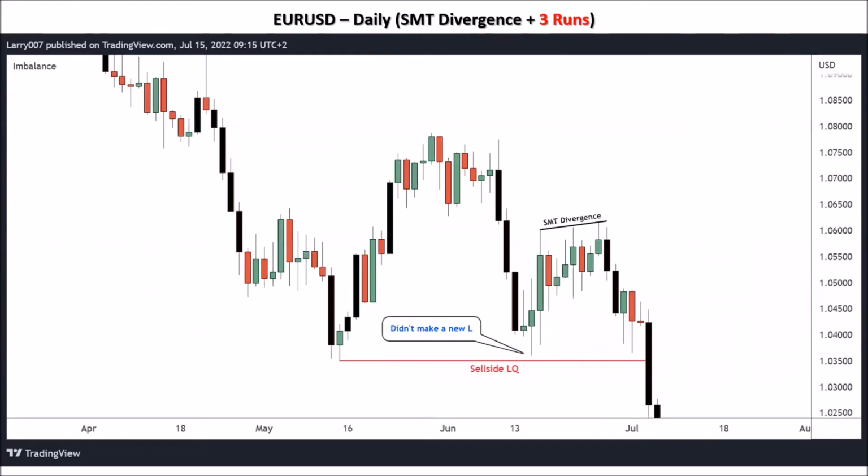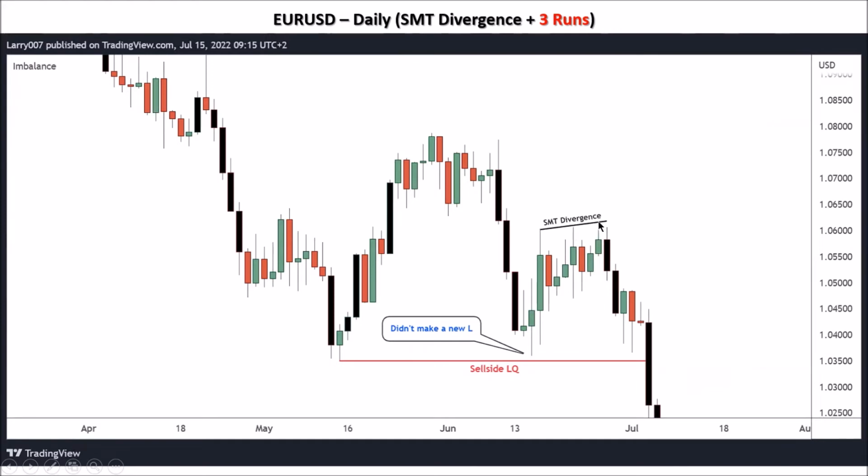Now, quick example of the SMT divergence and free runs, of how powerful it is. So you must remember from my past videos that I was involved in this move. But back then I didn't use the SMT divergence.